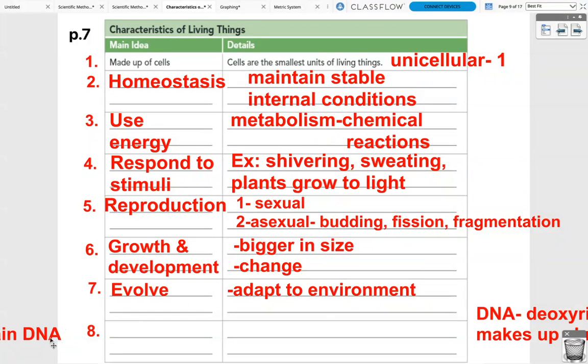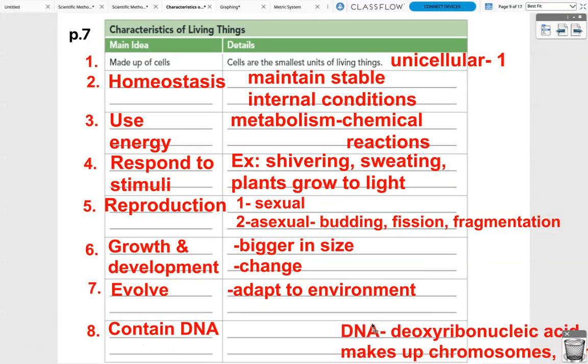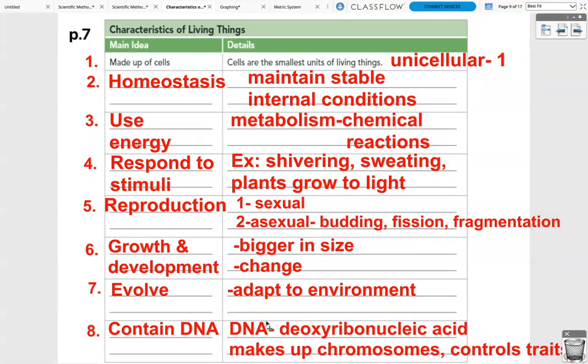The last thing we're going to put on our list is contain DNA. All living things have to have DNA. DNA is really a code, a shorthand for deoxyribonucleic acid. But DNA makes up every chromosome in our body.